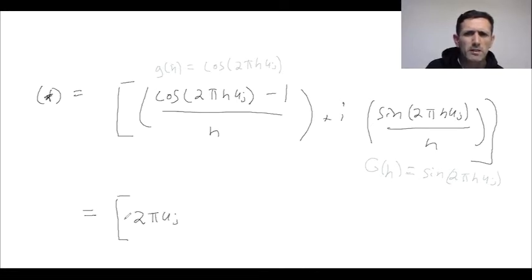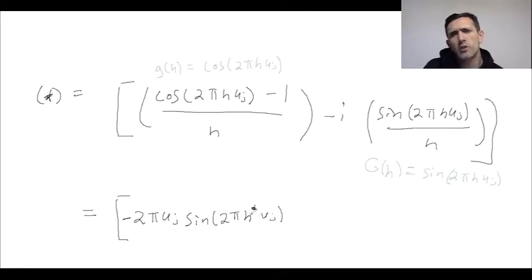Sorry, there was a minus here, but cosine is even, so cosine of minus 2 pi h uj is the same thing as without the minus. And really it should be a minus here, that matters because sine is odd, so pull out the minus. The derivative of cosine is sine. So it's sine 2 pi h star uj for h star between 0 and h.